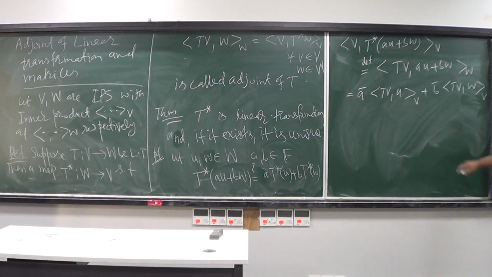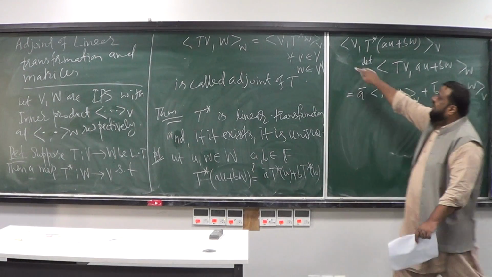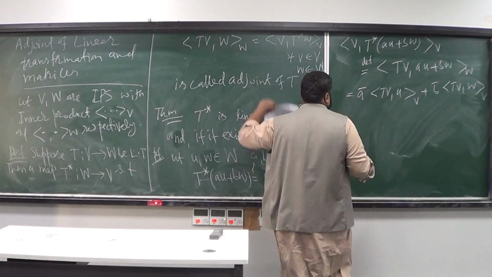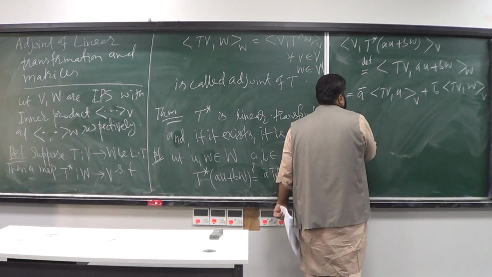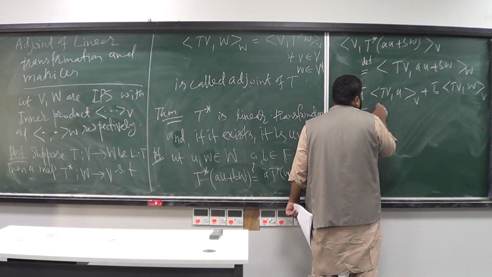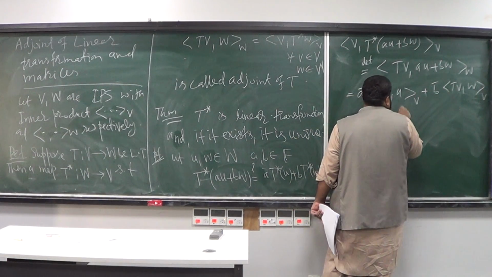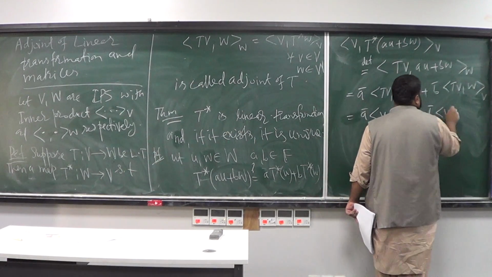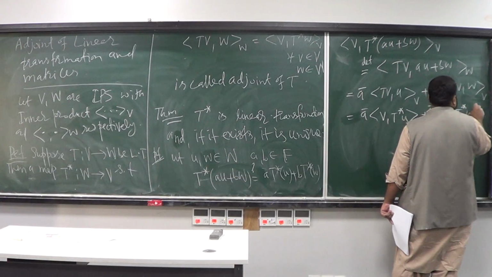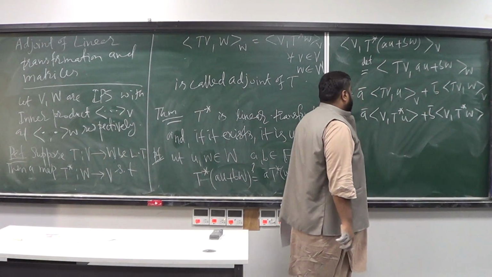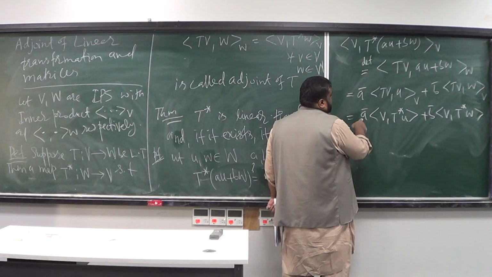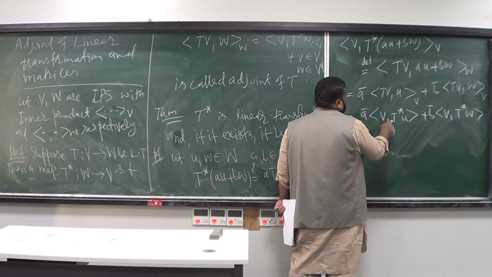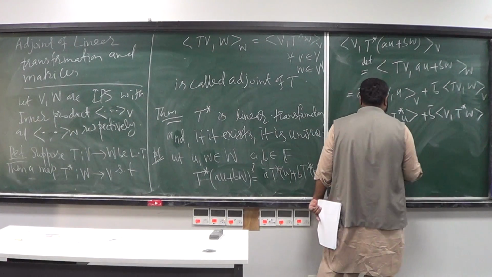And now on these two inner products, I want to again apply this property. So I want to throw this T onto the other side, the other component of the inner product. So it's going to be a bar V, T star U plus b bar V, T star W. Okay, and then let's multiply this a bar with the second component and b bar with the second component here.